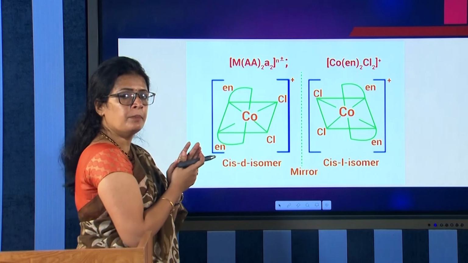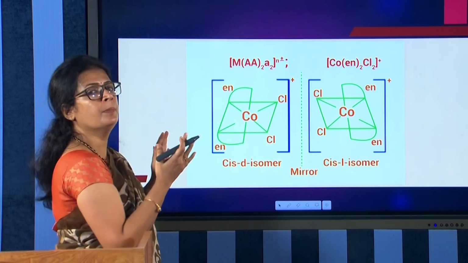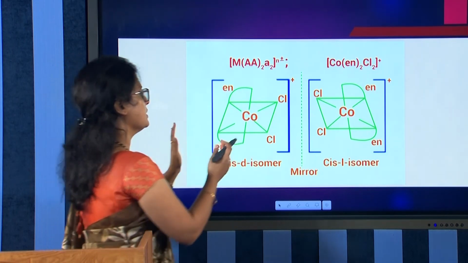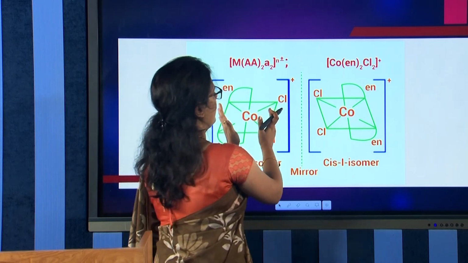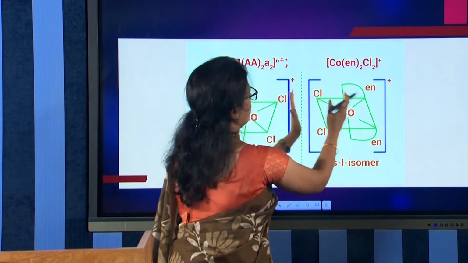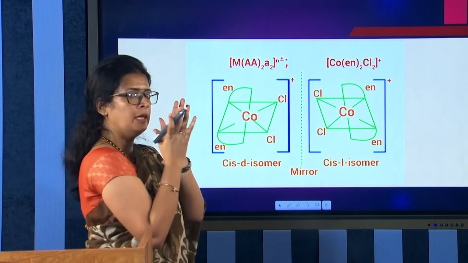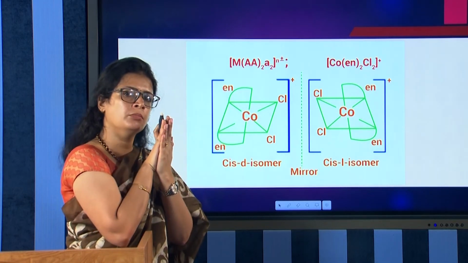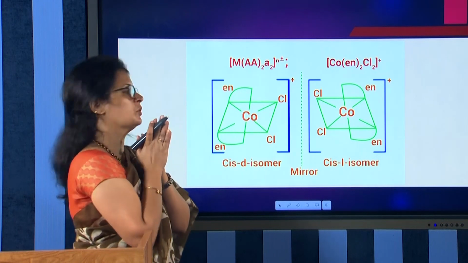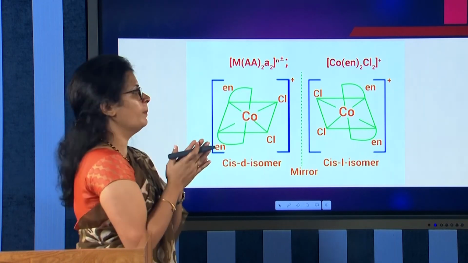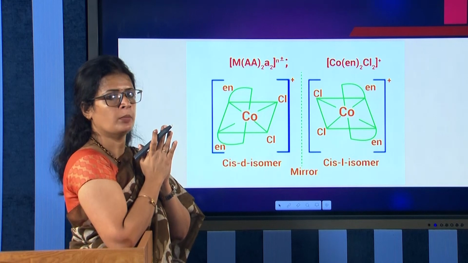Are they superimposable? No. Non-superimposable mirror images. If I fix this complex here, will there be any symmetry, or will it be a superimposable form? No, they are non-superimposable mirror images. So, such complexes are called enantiomers.